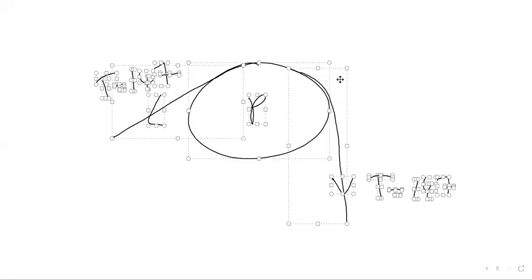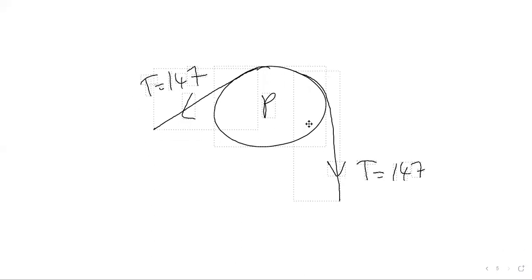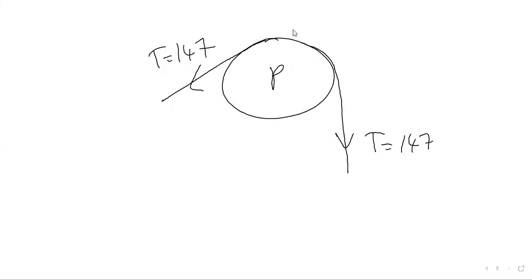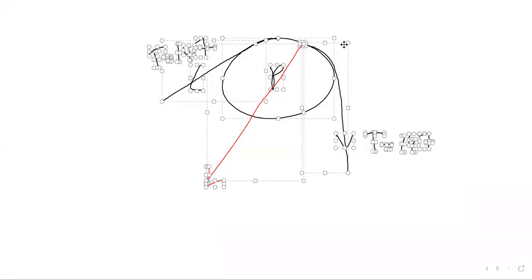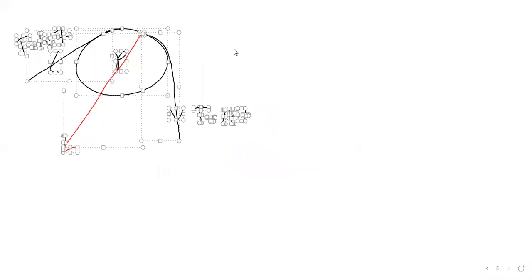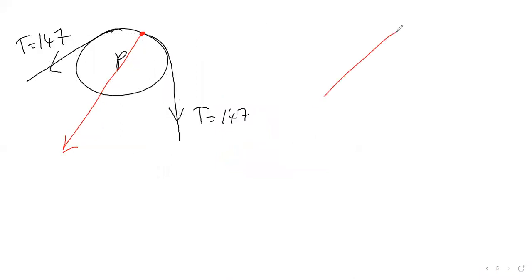Now, how are we going to work out the magnitude of this force which is pushing into the pulley? We can use the method that I demonstrated in my proof of the formula. We've got our tension of 147 newtons.